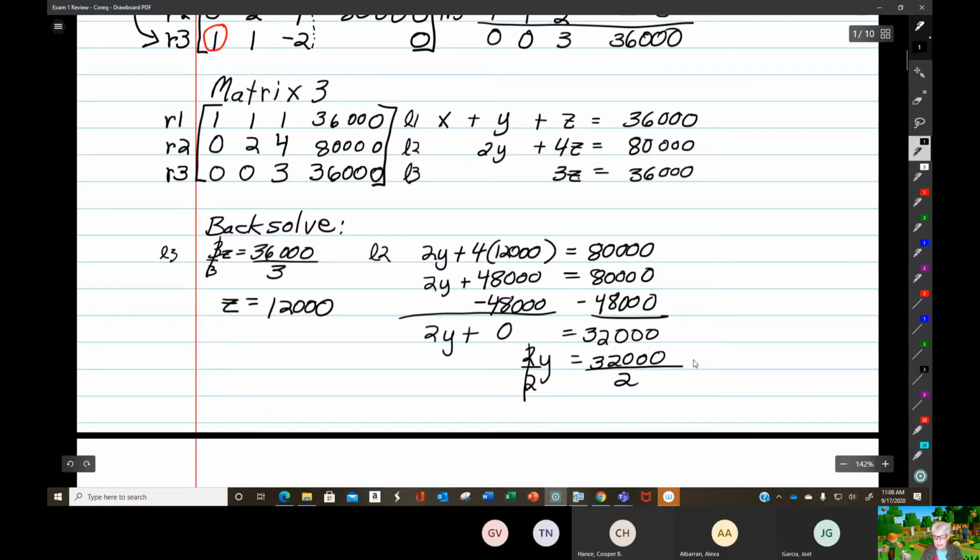Okay, this is going to give us 16,000. The reason I'm not putting commas is MyMathLab used to not accept commas. Your calculator, you don't put commas in that. There is a comma, but it's used for something else. So Z is going to be $12,000. And Y is going to be $16,000.